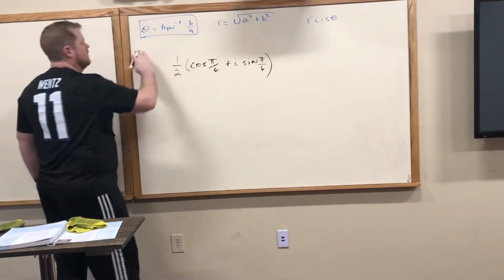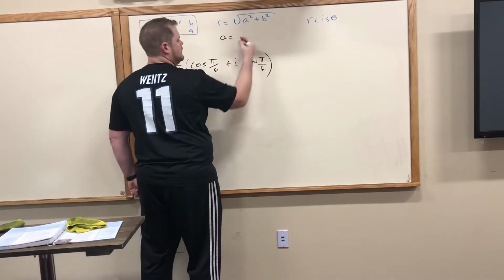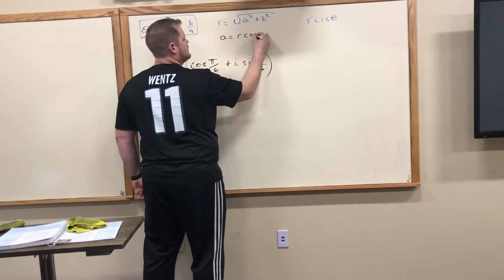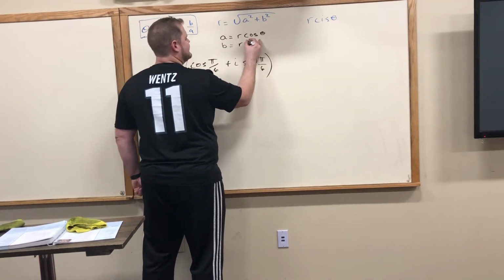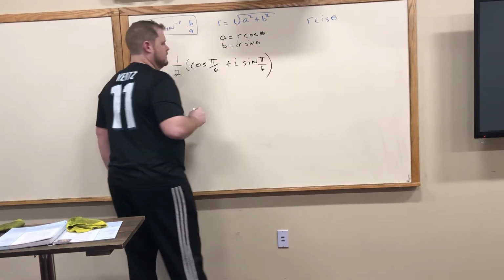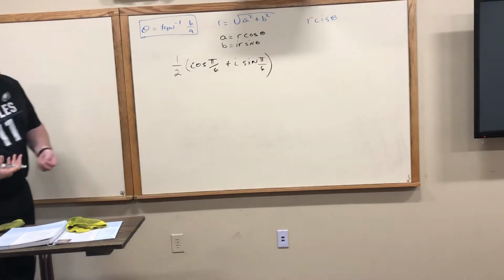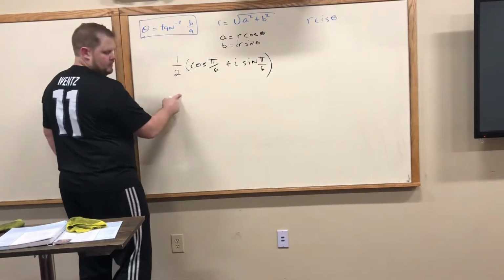Now, remember, a equals r cosine theta. b equals r sine theta with an i in there, right? So that's what you can do, okay? So plug it in.